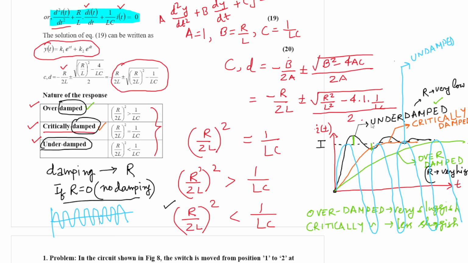Mainly we come across the underdamped response. There are very few instances where we use critically damped or overdamped response, and ideally, if we have R equal to 0 in our electrical system, then we shall see the undamped response, which means we have no damping in our system.